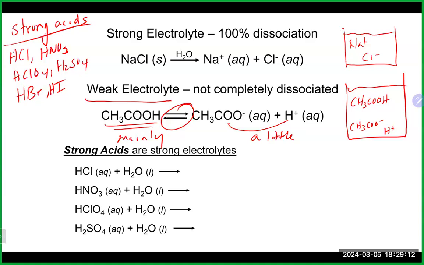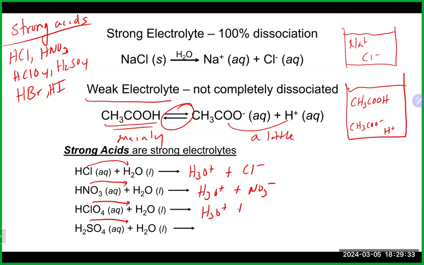So in this case, all of these are going to donate H plus over, and that's going to give us H3O plus, since we do have the water included in the equation, and Cl minus. That would give us H3O plus and a little nitrate, H3O plus and some perchlorate, H3O plus and HSO4 minus.